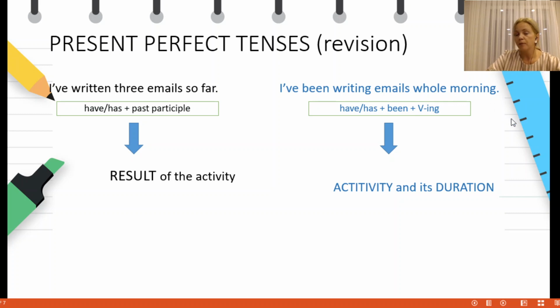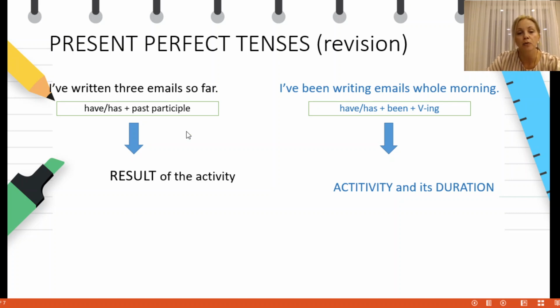So, as I told you, imagine this was me. Imagine I told you these two sentences. Any single person who tells you a sentence wants to send you a message with it. So, me telling you these two sentences, I want to tell you different messages. In the first one, I say I've written 3 emails so far.